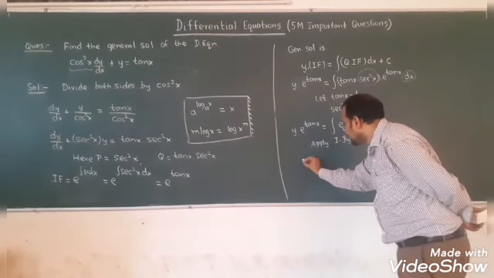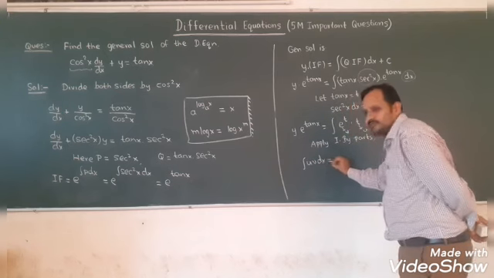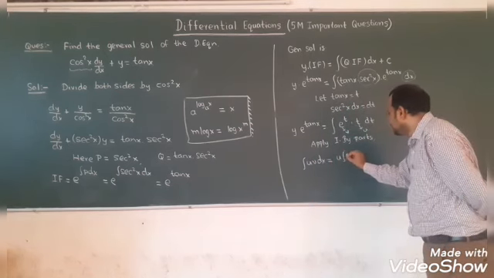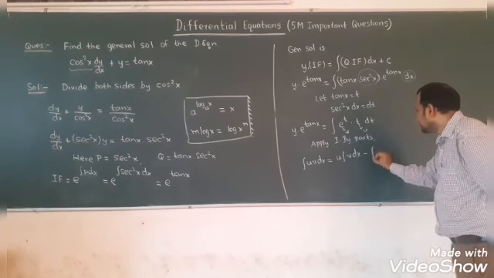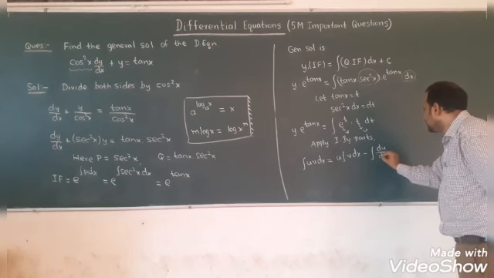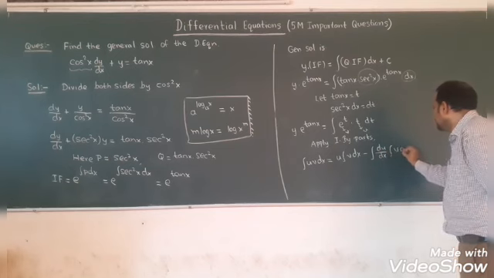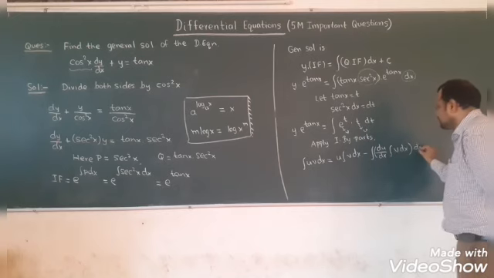So the formula is: the integral of uv dx is equal to u into the integral of v dx, minus the integral of the differentiation of u into the integral of v dx, whole dx.